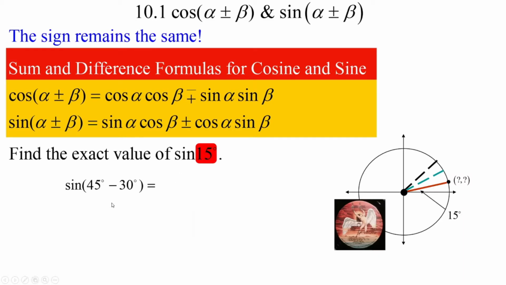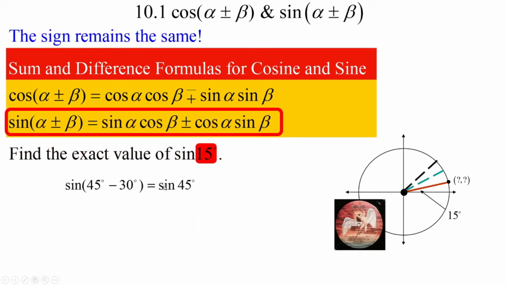And now we think, okay, sine of alpha minus beta would be sine of alpha, or sine of 45, and then cosine of beta, or in this case, cosine of 30, and the sign remains the same. So see this minus? Minus. And then we go cosine of the 45-degree angle times sine of the 30-degree angle.